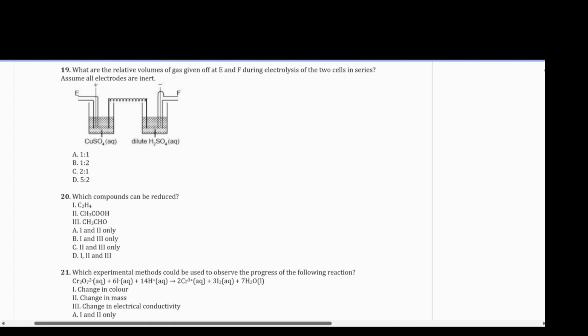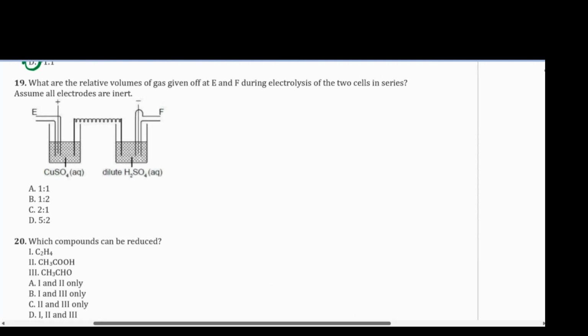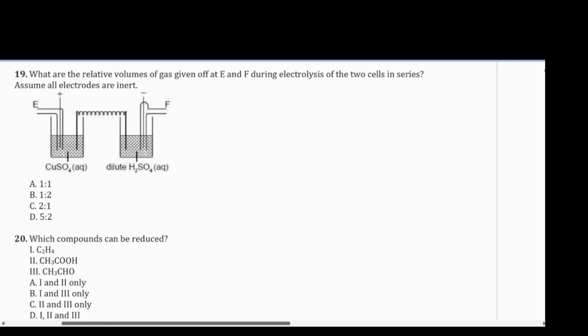Number 19. What are the relative volumes of gas given off at E and F during electrolysis of the two cells in series? So with copper sulfate, we're looking at the positive electrode, so that will be the anode. At the anode, we're going to have the negative ions. So here we're either going to have SO4 2 minus, or OH minus from the water.